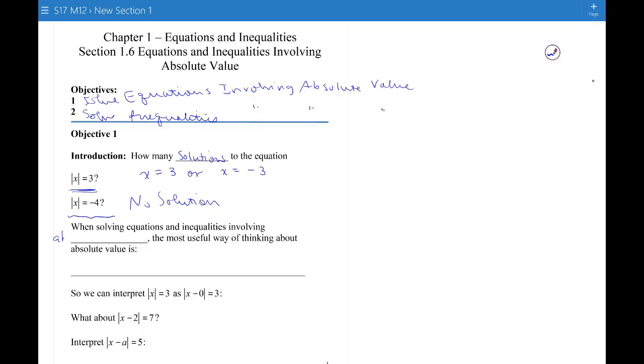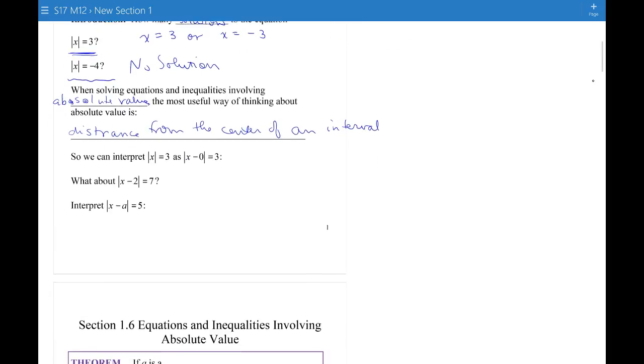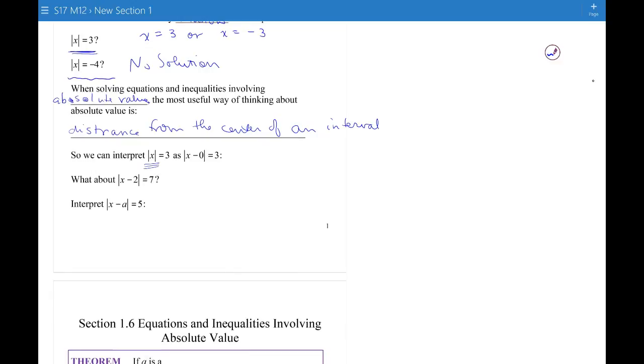So when we're solving equations and inequalities involving absolute value, the most useful way of thinking about absolute value is distance from the center of an interval. So this may be a new way of thinking about it for you. So we can interpret or rewrite the absolute value of x as the absolute value of x minus 0, because adding or subtracting 0 doesn't change anything.